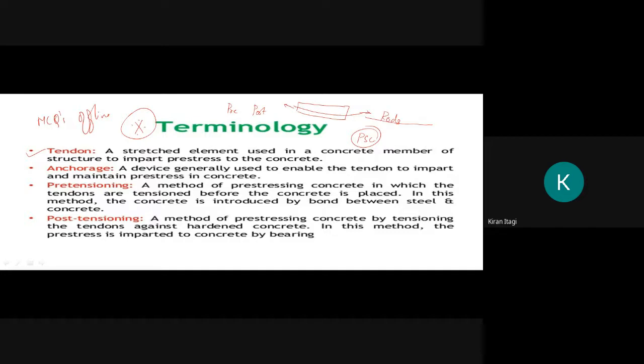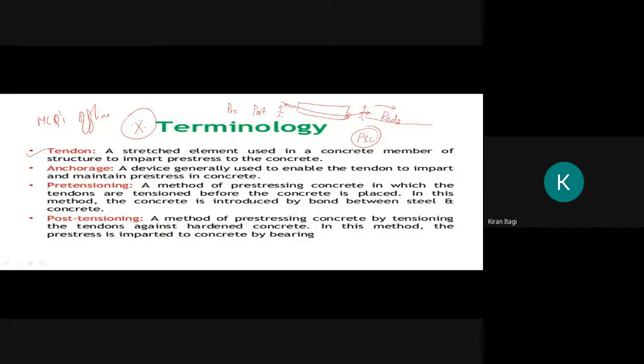So what happens? Someone should be there. Say one person is pulling this side and another person is pulling this side. How long can a person hold it? He wants to go home. If he leaves, it will again come back to its original position. So to keep this in the stretched position, we use some anchorages.